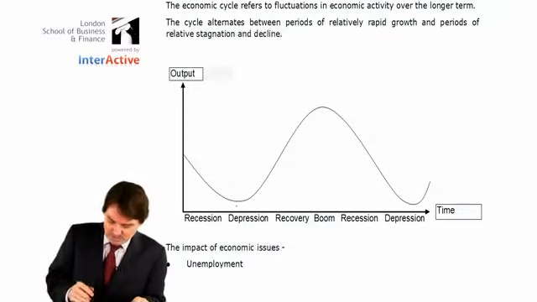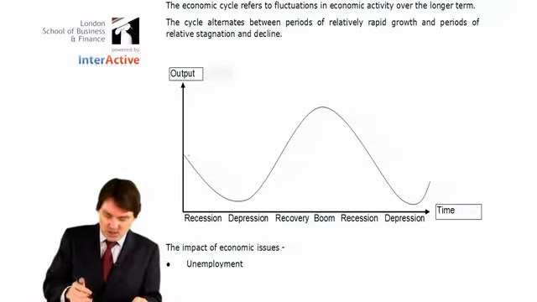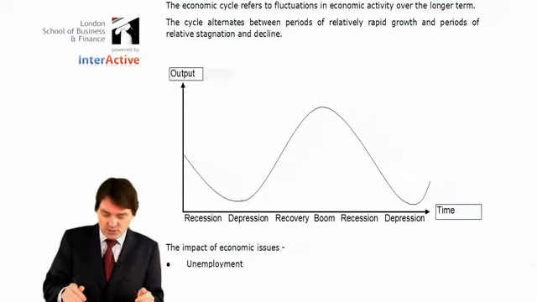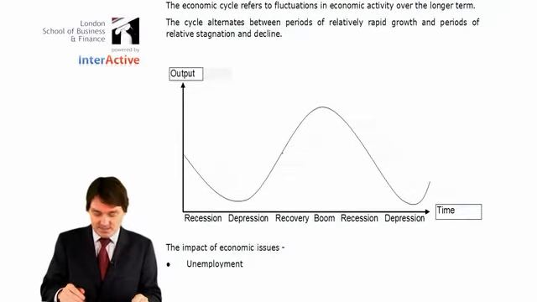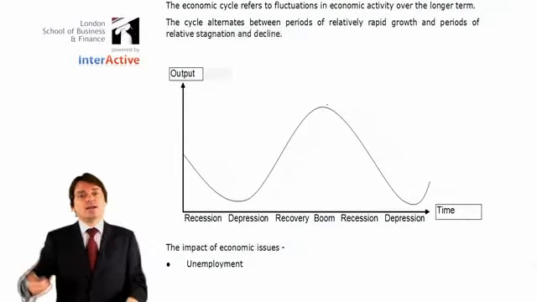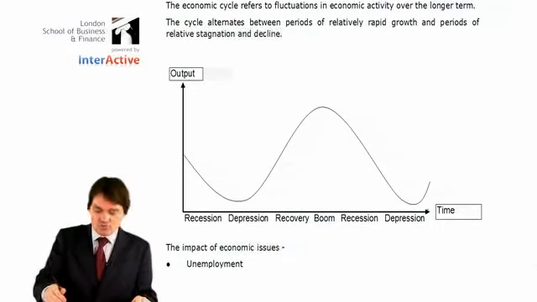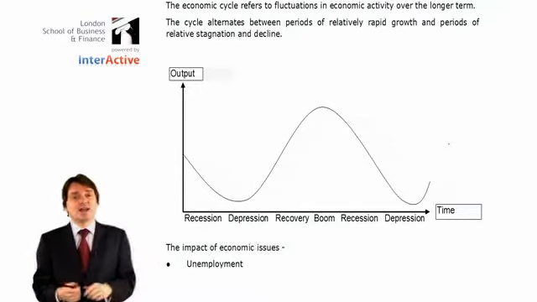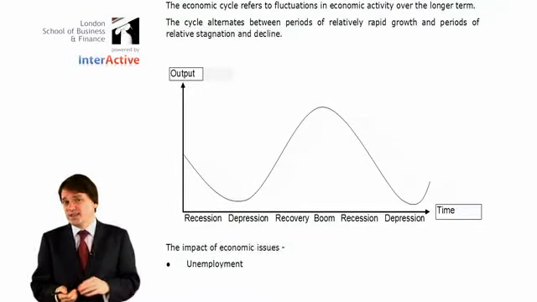So what a government might try and do is, you can see here, we have a recession where things are getting bad, a depression where they are very seriously bad, a recovery and a boom. So things get better and then they get really good, and then they just go round again. There will be a recession, depression and so on. These things tend to come round about every 10, 15 years.